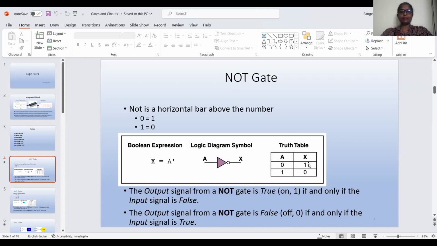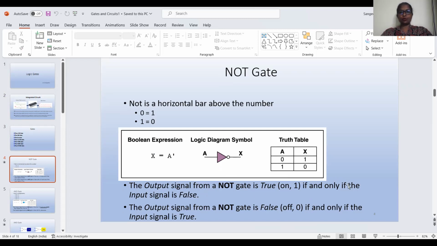This is the simple truth table followed for the NOT gate, and this is its symbol. The output signal from a NOT gate is true only if the input signal is false, and it is false, 0, if and only if the input signal is true.